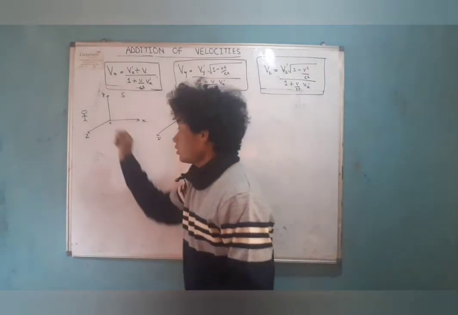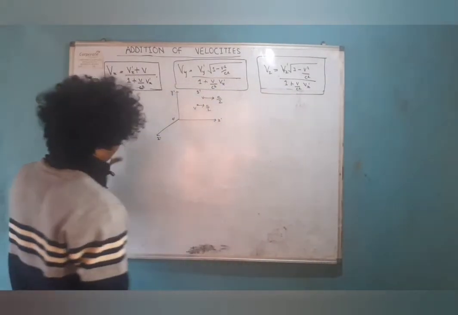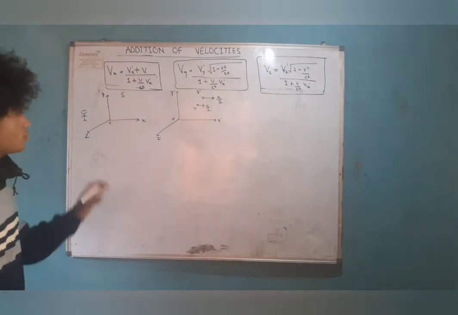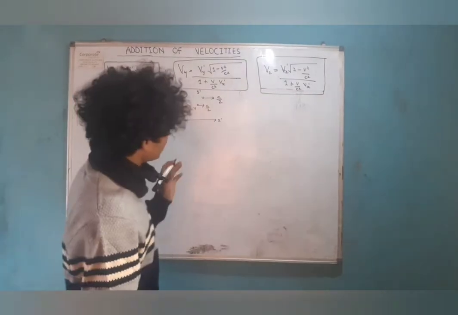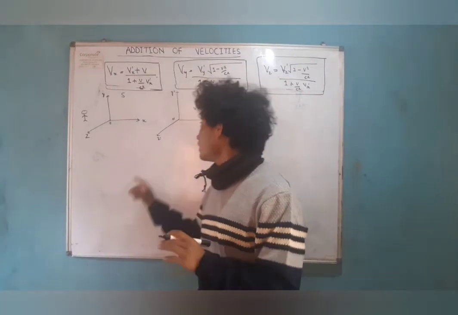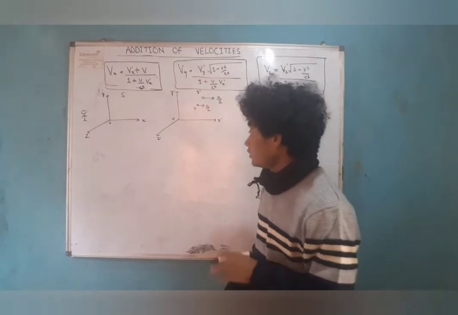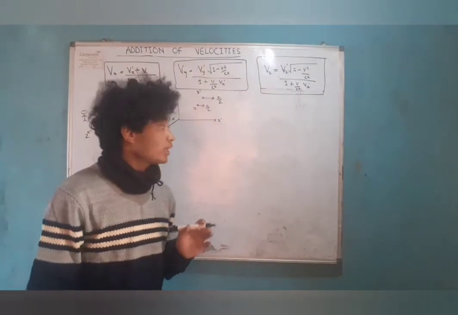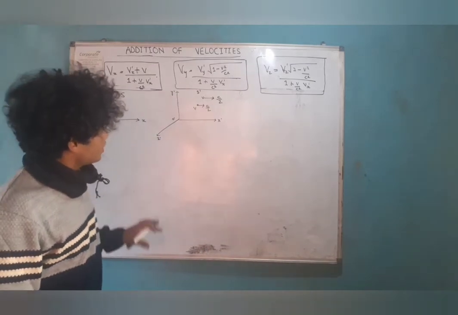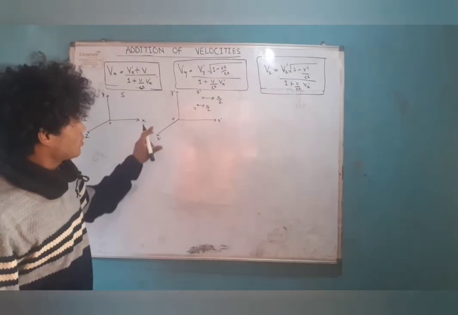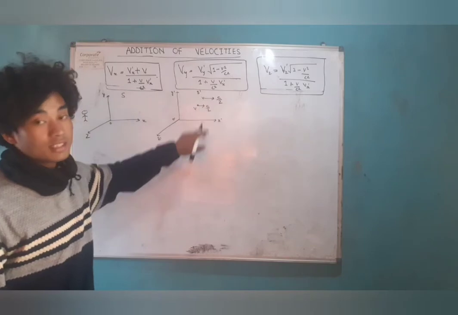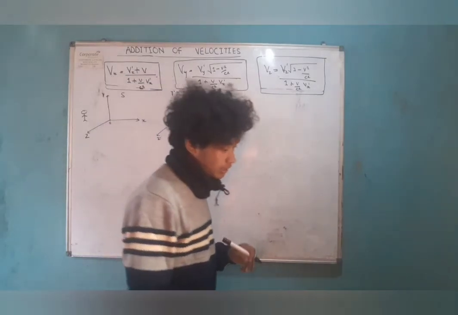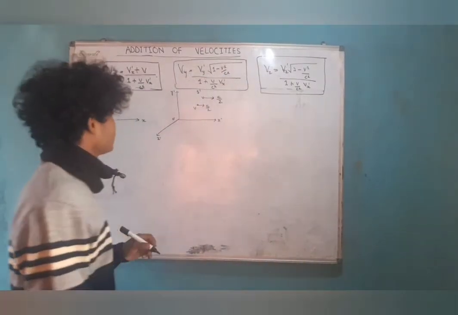So the observer observing this would usually expect to find that the speed of light must be c, because half and half is 1. The speed of light must be c, because c by 2 and c by 2 usually must make c.